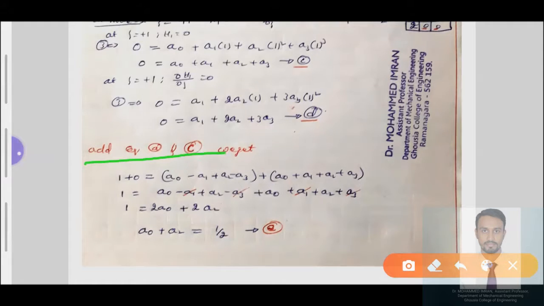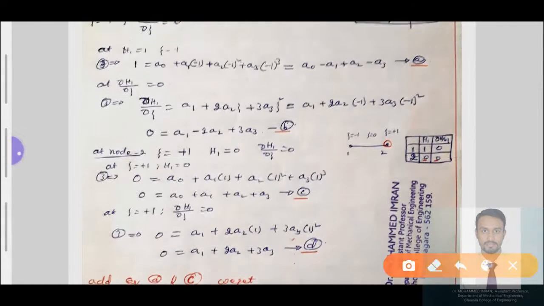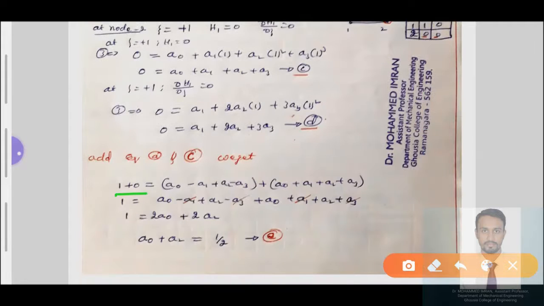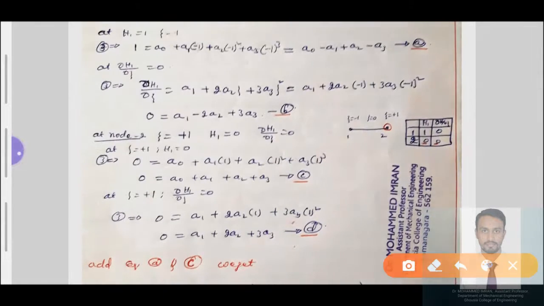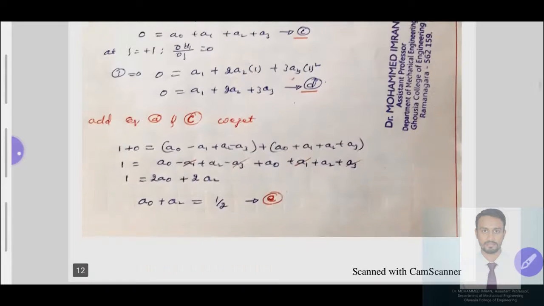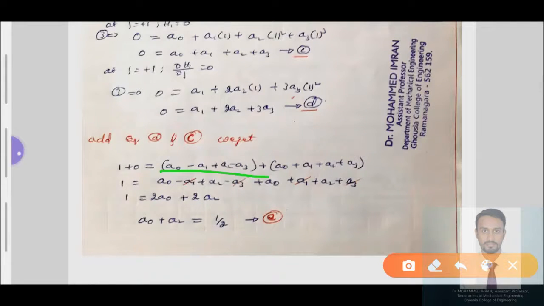Add equation number A and C. On the left hand side, A has 1 and C has 0, so 1 plus 0 is equal to the equation A value. On the right hand side we have a0 minus a1 plus a2 minus a3, plus the equation C value, a0 plus a1 plus a2 plus a3.